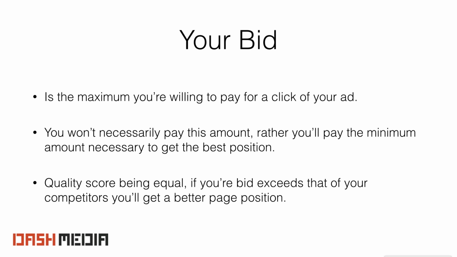So somebody types in the keyword phrase that you're targeting, and for this example, we'll assume that quality score and everything else is equal. If your competitor has put a ceiling on their bid of 35 cents and you've put a ceiling of 40, well, then what's likely going to happen is you're going to get the top spot on the search results page. You're going to get the top ad spot, and you'll likely pay about 36 cents for a click on that ad. So that's how that really works, in a nutshell.